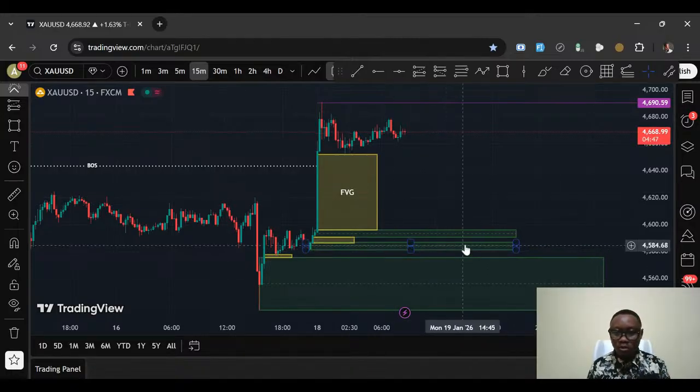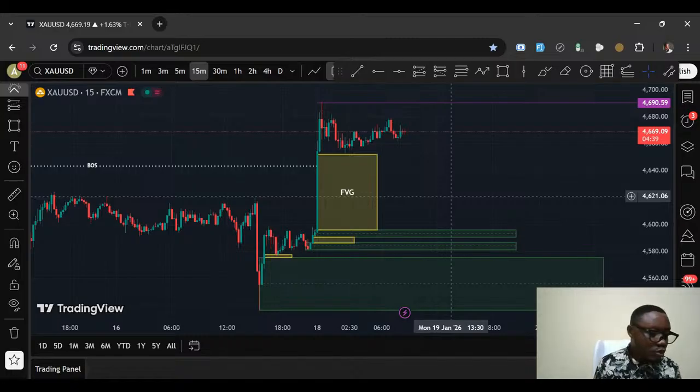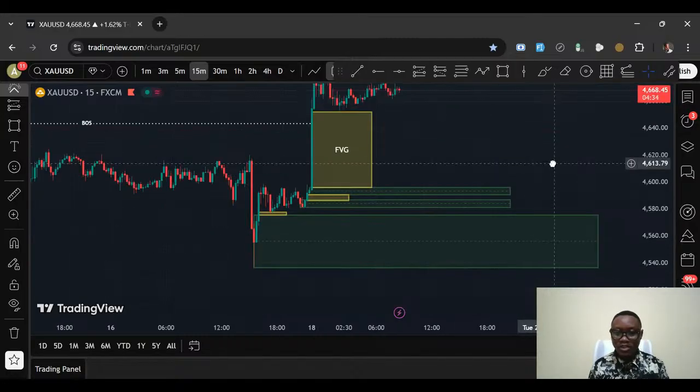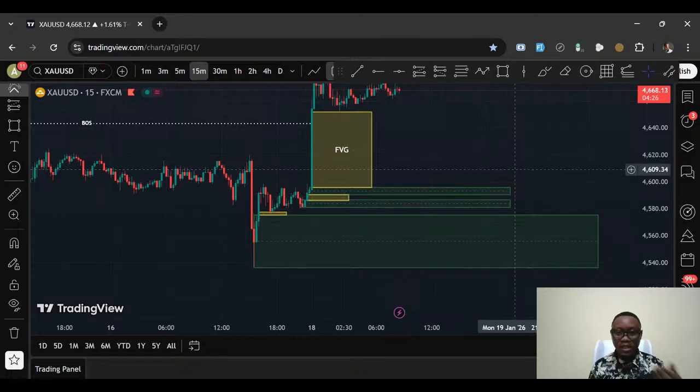So I would wait patiently for price to get to the extreme zone before I take my trade. And if I'm going to take a trade on this zone, I will be very conservative with my TP. But then if you look at it, we have like three zones here stacked on each other. One, two, three. So this zone and this zone have a higher probability of playing out.